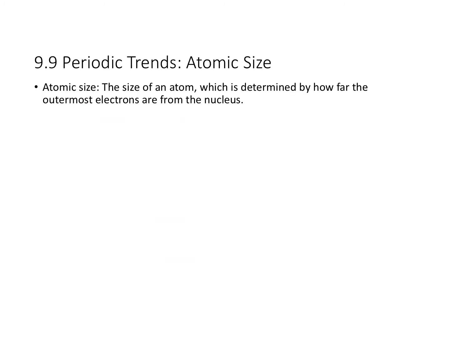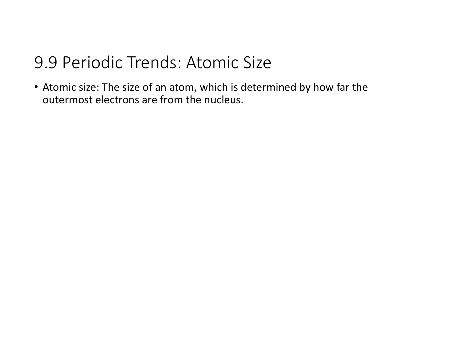Now I want to talk about periodic trends. What I mean is, do you remember when we said that when Mendeleev put the elements in order of increasing atomic mass, he saw certain properties reoccur periodically? And we said the modern periodic table is based on atomic number.